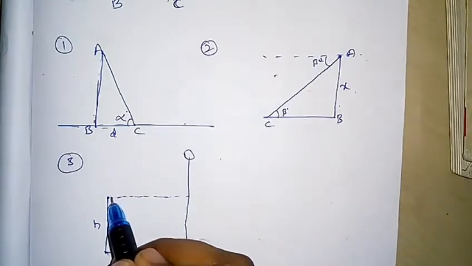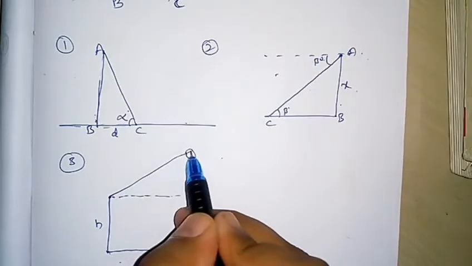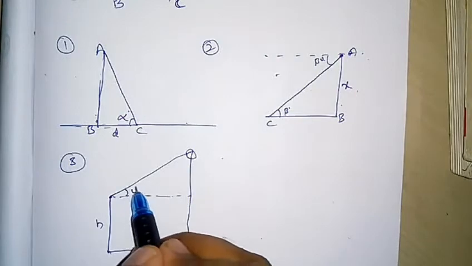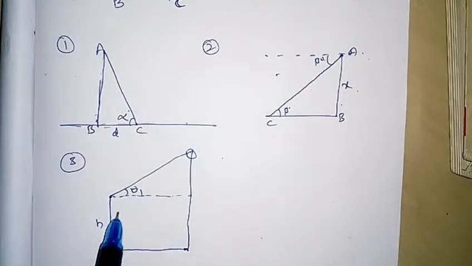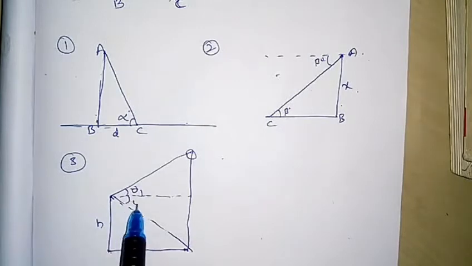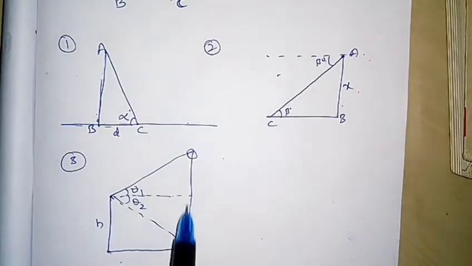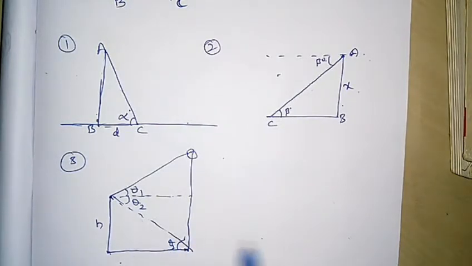You are seeing this balloon from the top of the building at an angle of elevation of theta 1 degrees and the foot of the rope at an angle of depression of theta 2 degrees. So this will be the diagram. If this is theta 2, this will also be theta 2 because these are parallel and these are alternate angles.